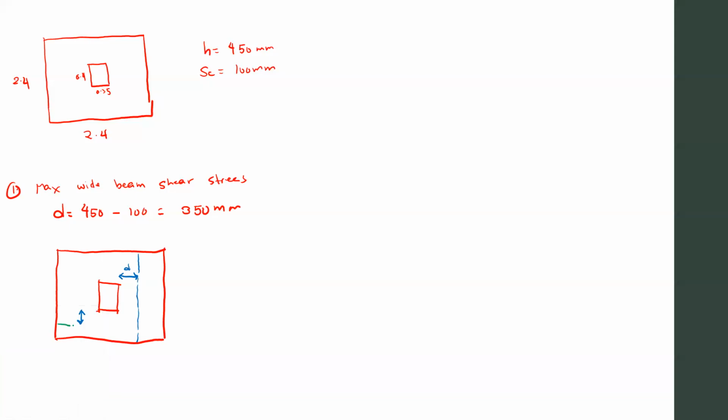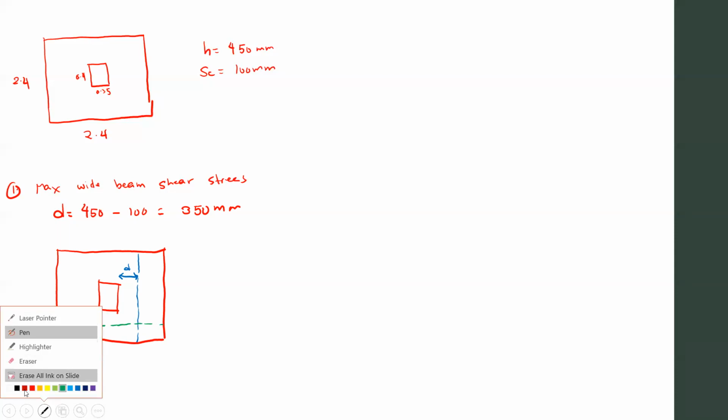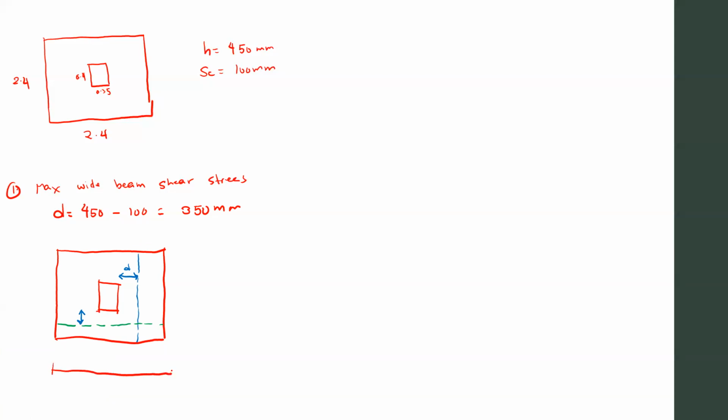This is your D distance. Okay. So let us determine the dimensions. Alamin lang natin yung dimensions. So ito, this one is 2,400. This one is also 2,400 millimeters. Okay, and the distance is 350.